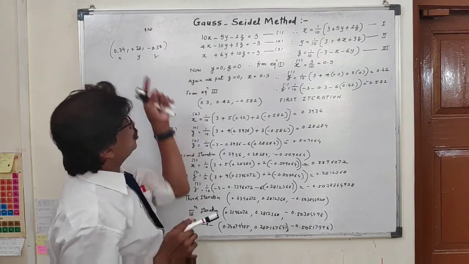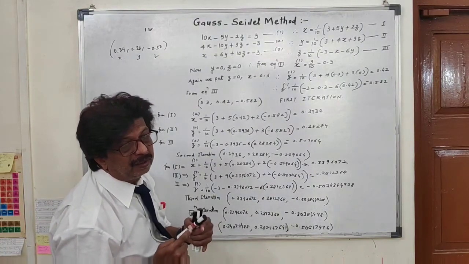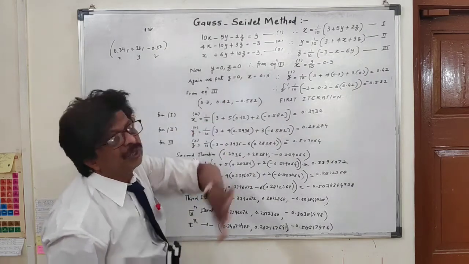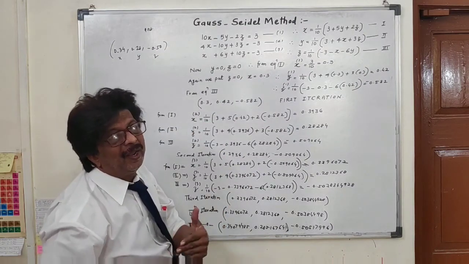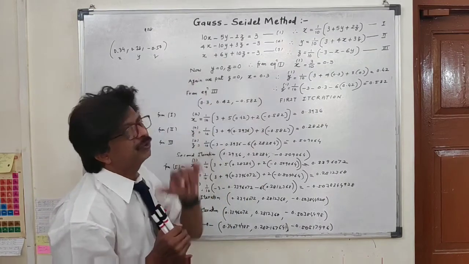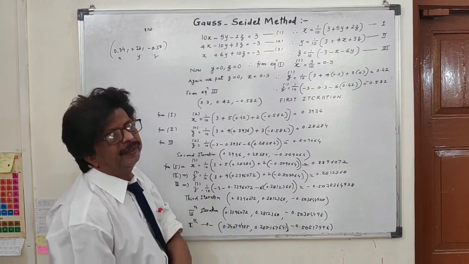You can put these values, 0.34, 0.28 and minus 0.50, in this equation, and it will approximately satisfy the equation.